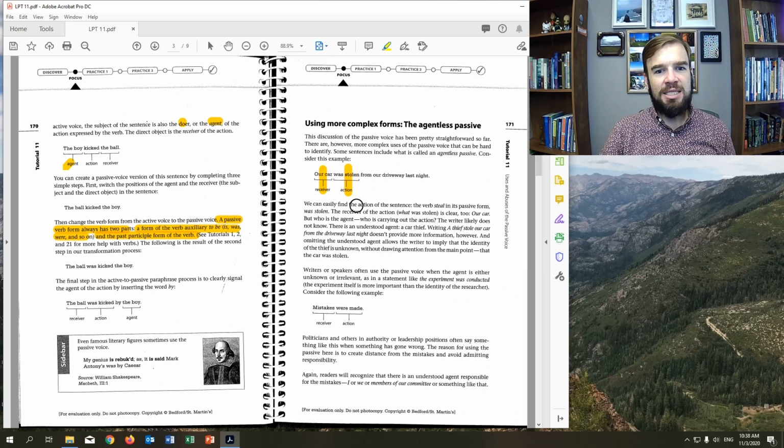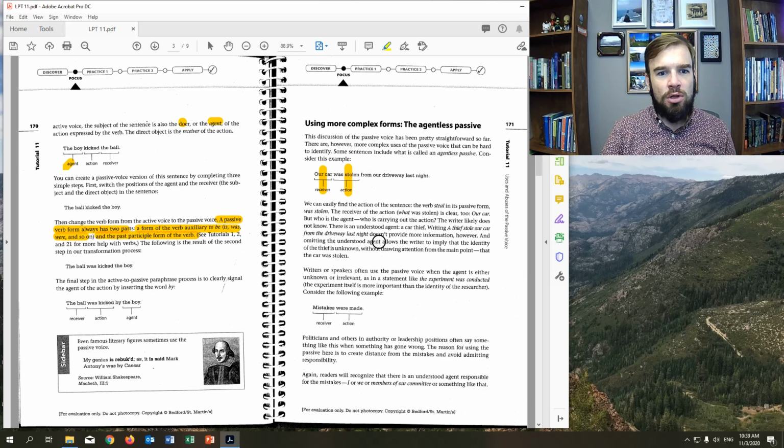So we can easily find the action of the sentence: the verb steal in its passive form, was stolen. The receiver of the action, what was stolen, is clear too: our car. But who is the agent? Who is carrying out the action? The writer likely does not know. There is an understood agent, a car thief.